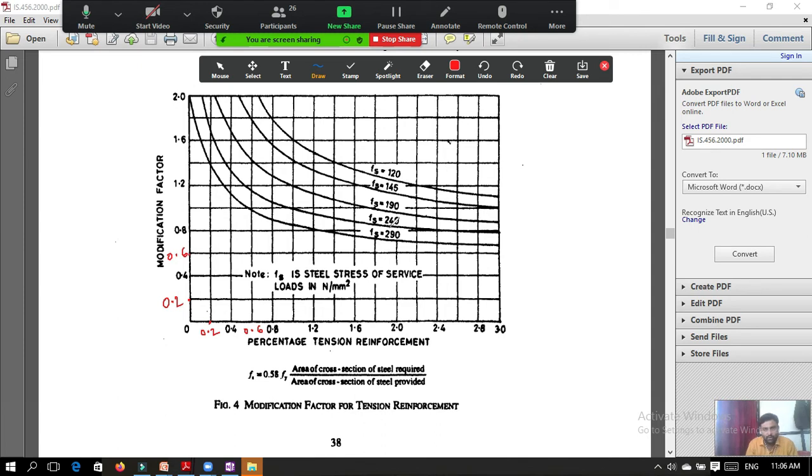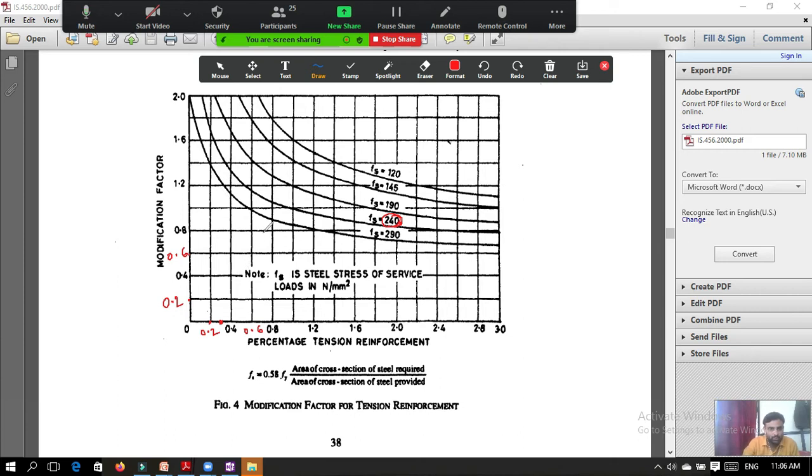Now we need to see for this line 240, fs 240. Okay, we need to see for this line. So here our percentage of steel is 0.33. So between 0.2 and 0.4, somewhere in between, here, 0.33. Okay, and we need to project that.